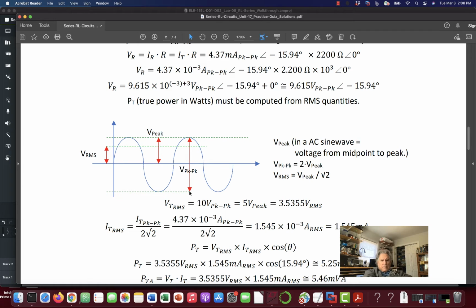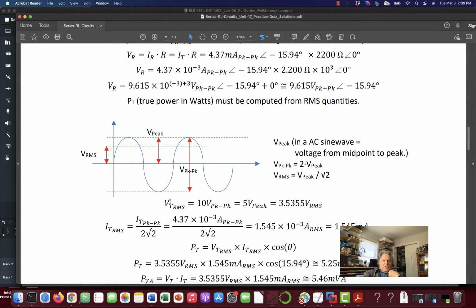But people call it 120 volts AC. Turns out that's the RMS equivalent, and obviously the peak is half of the peak to peak, or the peak to peak is twice the peak. The RMS is equal to the peak voltage divided by the square root of 2.